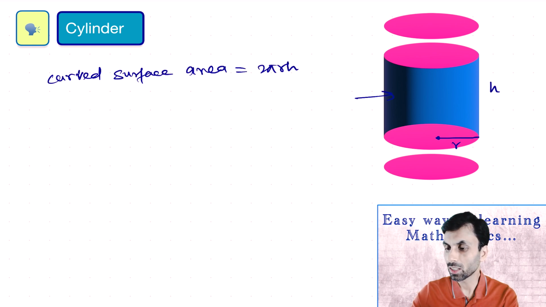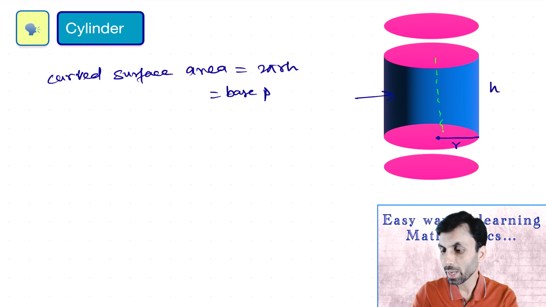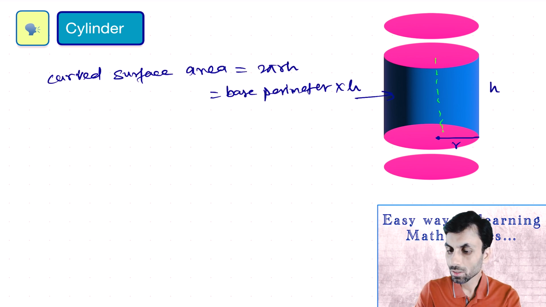As we know, when we cut the cylinder along the height and open it, it will be a rectangle, and the area of a rectangle is length into breadth. Here the perimeter of the circular part is 2 pi r and the height is h, so it will be 2 pi rh, which we can also write as base perimeter into height.